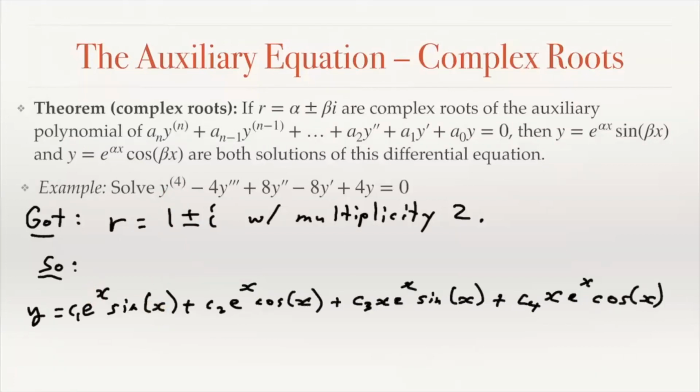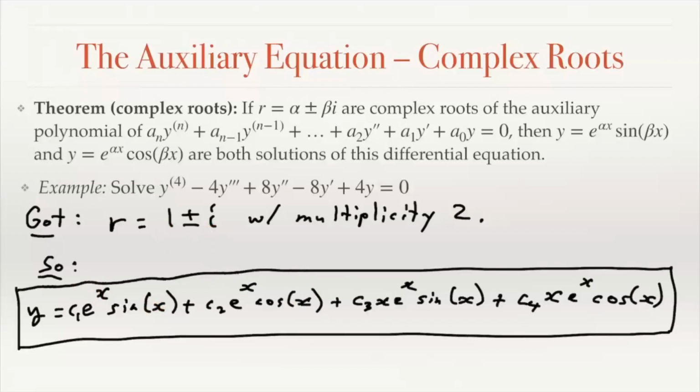All of the coefficients here are 1 because it's 1 plus or minus 1 times i. And that is our 4 linearly independent solutions to this 4th order differential equation. Those x's we stuck in front are because it has multiplicity 2.